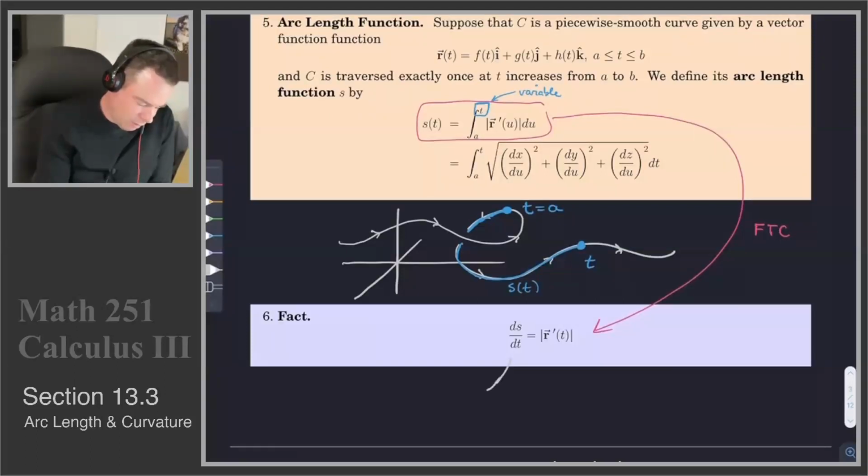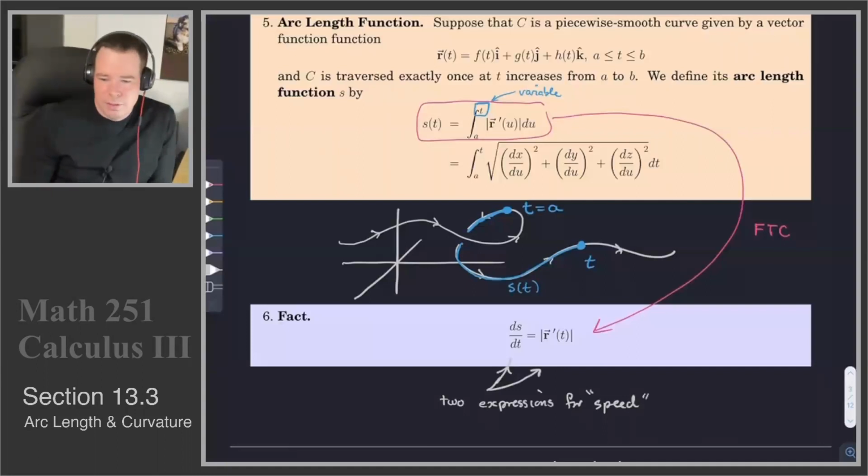All this is really saying is we have two different ways to talk about the idea of speed, and they're the same. They both represent speed. So these are just two expressions for speed. The first one, ds/dt, is just the rate of change in your distance traveled with respect to time, and the rate of change in distance traveled with respect to time is speed.